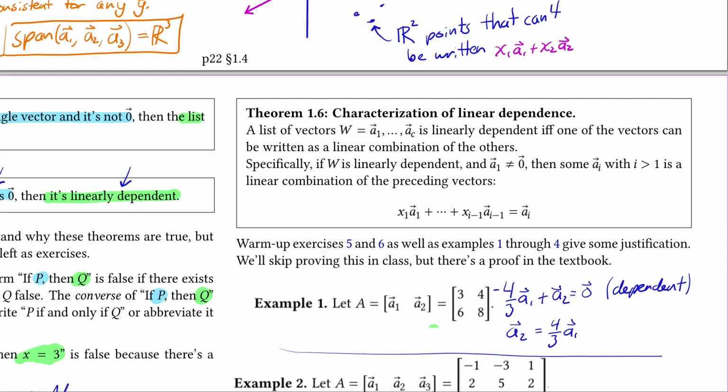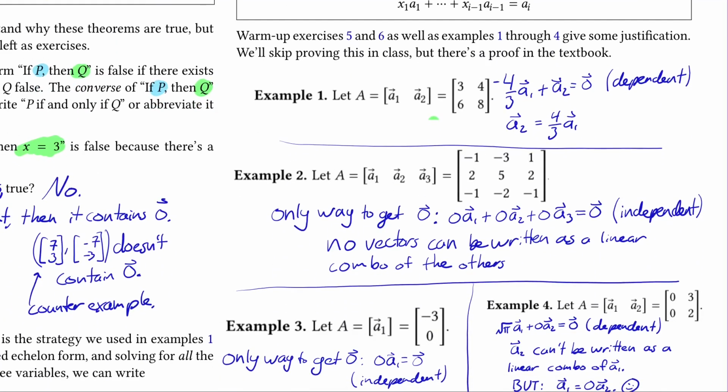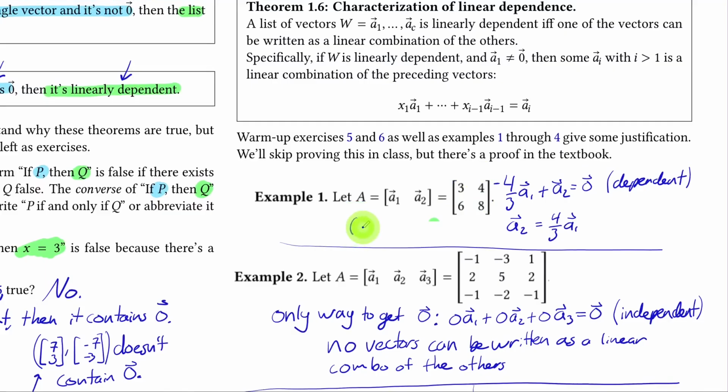So as an example, example one, the first one we did here, I just copied and pasted screenshots for all these. This list of two vectors, by the way, the list is technically a1, a2, same idea as the matrix that has those columns. Anyways, a2 you can write as 4/3 times the second one. So one of them is a linear combination of the other one.